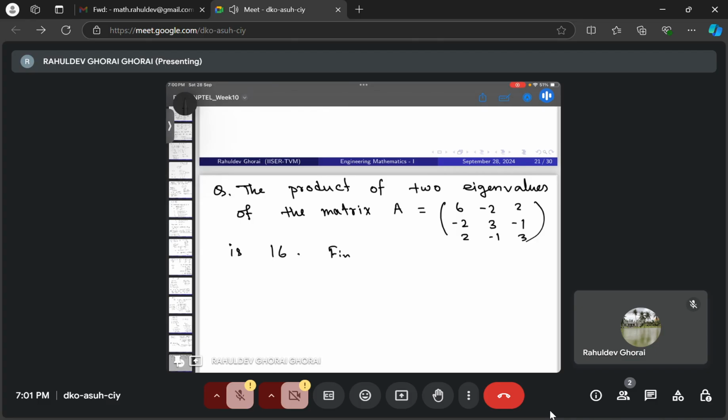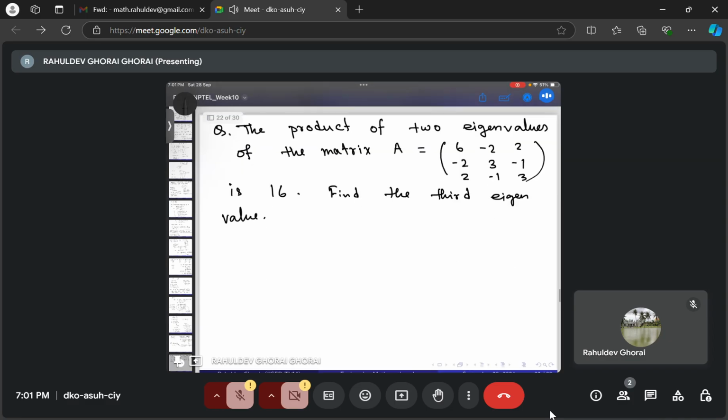Find the third eigenvalue. You may pause the video for some time and think about it, okay?